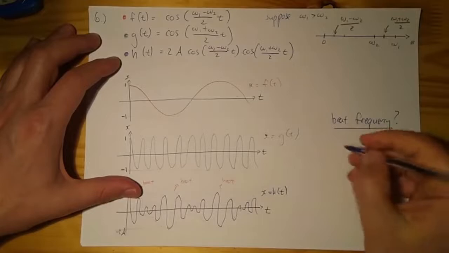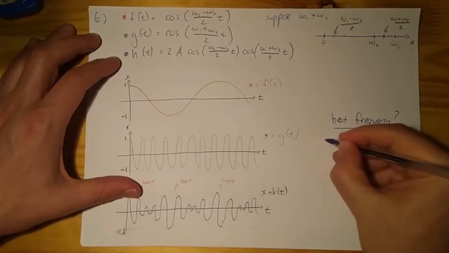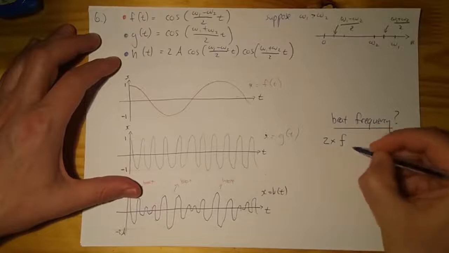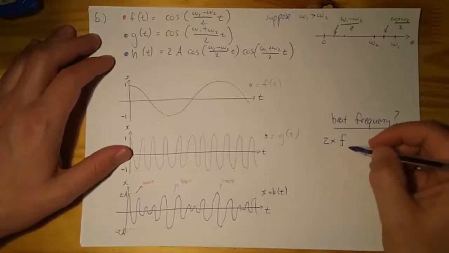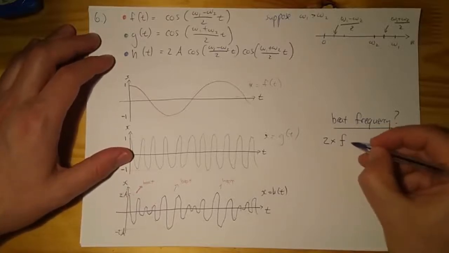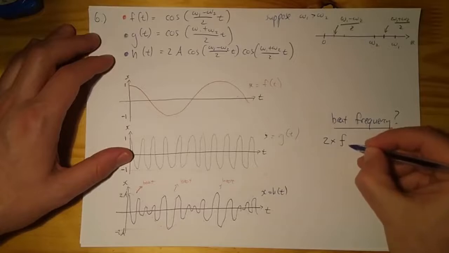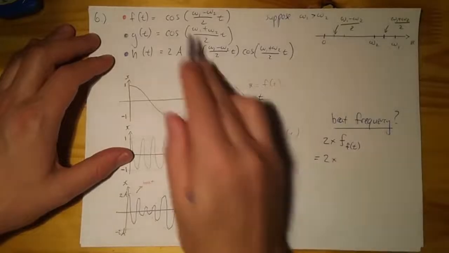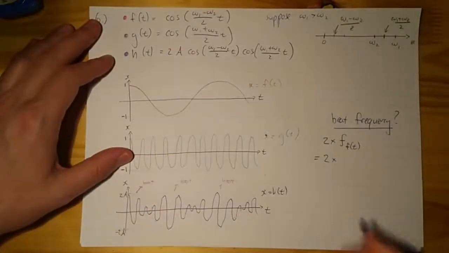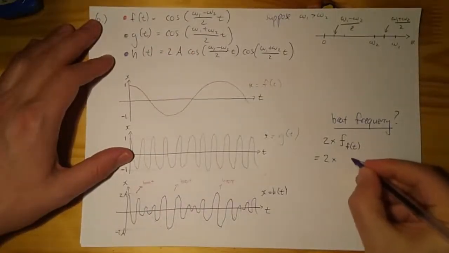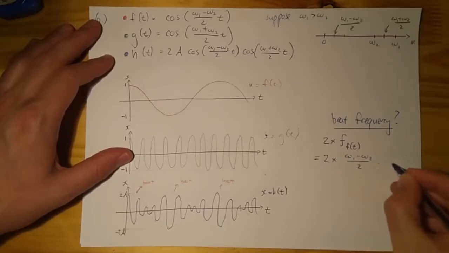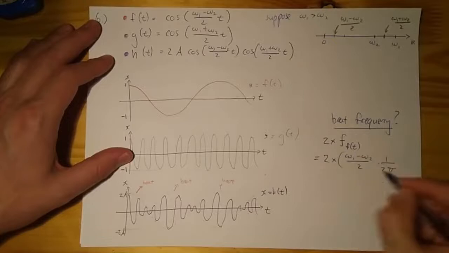So the beat frequency is going to be equal to twice the frequency of f of t. Okay, so let's write that down. What is the frequency of f of t? All right, so that is standard. That is just (omega 1 minus omega 2) over 2 times 1 over 2 pi.